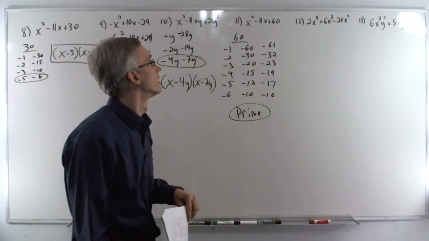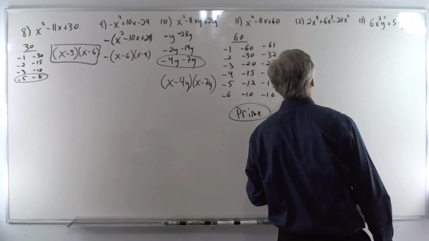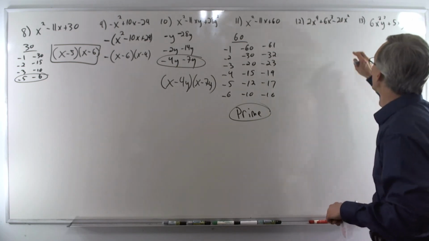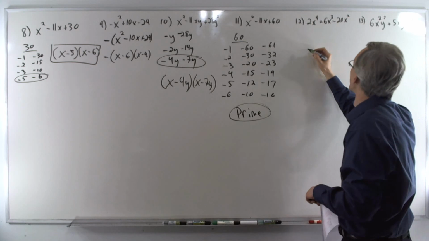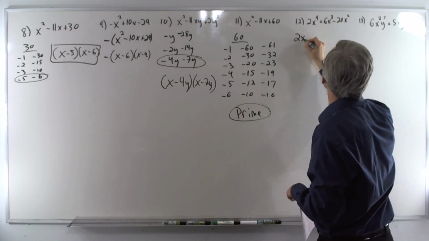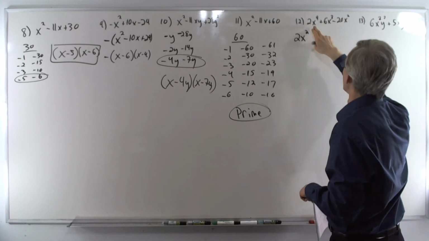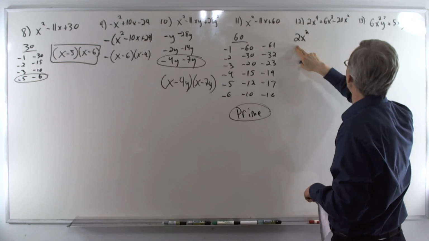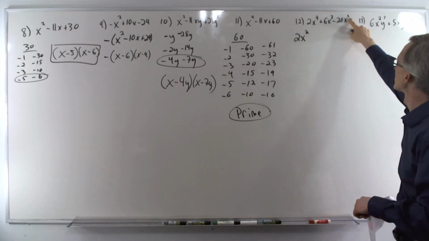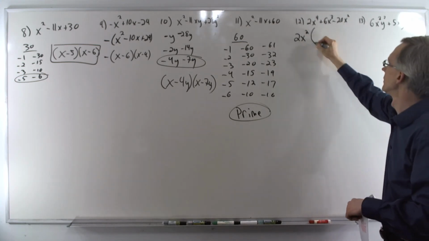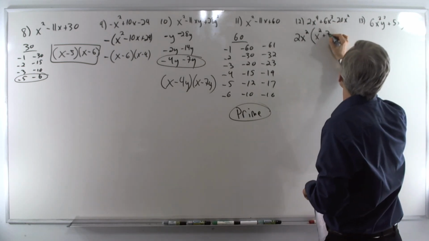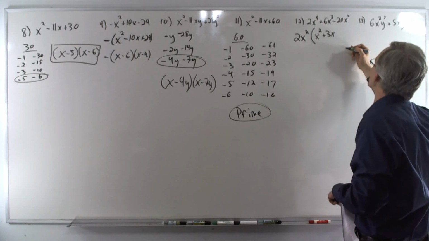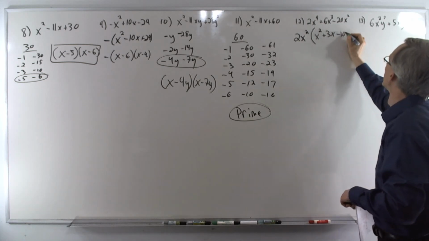Next up, 2x to the fourth plus 6x to the third minus 20x squared. Clearly we've got a GCF that we can factor out of this one. The greatest common factor of 2, 6, and 20 is 2. Smallest exponent on the x is 2, so factor out 2x squared. And that gives us x squared plus 3x minus 10.